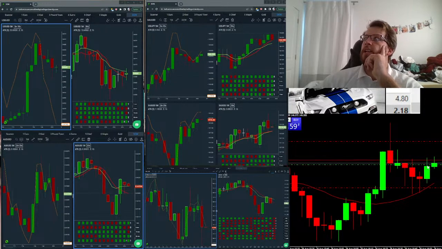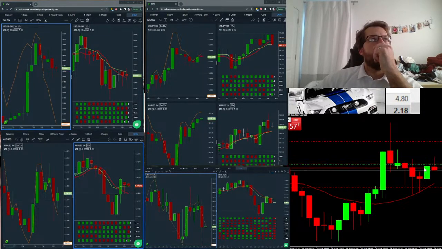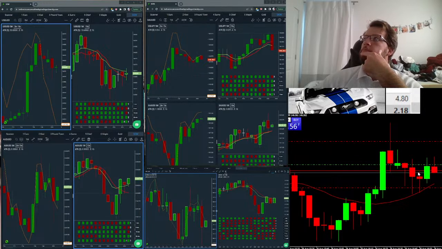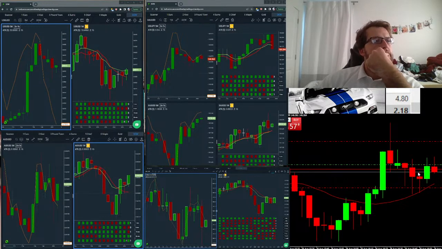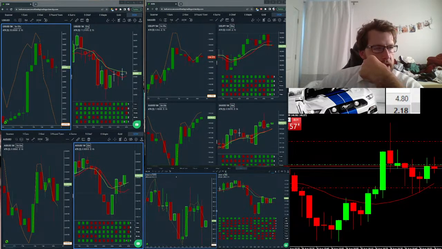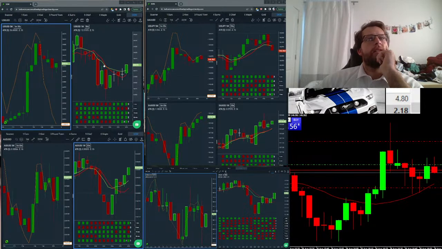Looks like the yen is still kind of hanging out where we got in. The Dow is actually setting up right now.